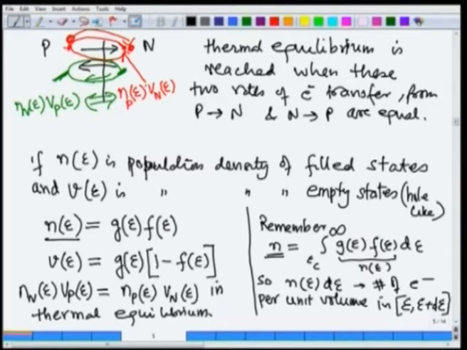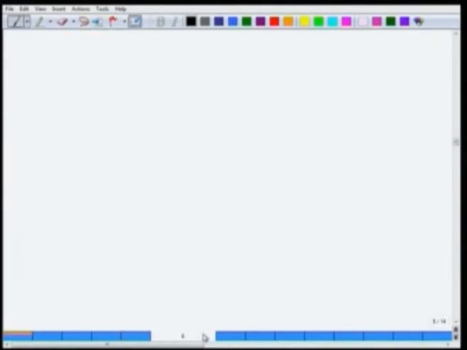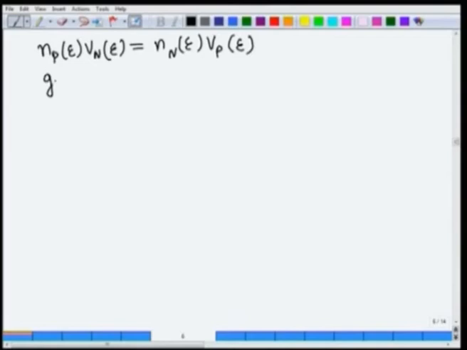So, let us do that again on the next page. Let us write this out, maybe I write it one more time, just for continuation's sake. I just copied the same line, and let us write down what this n is. Remember, n is G on the p side times F on the p side.